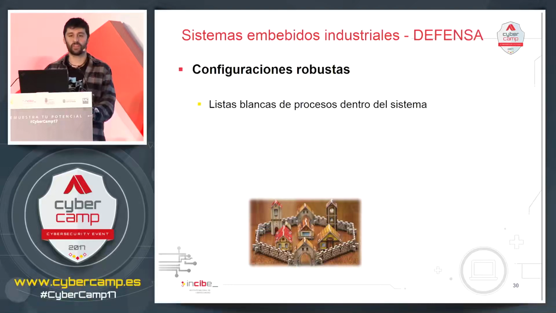Then robust configurations. This may sound silly, but it is highly important. You may have the best firewall in the world, but if it isn't well fine-tuned, you can be easily attacked. You need white lists of processes. There are some point solutions on the industry level that protect PLCs and corporate computers.